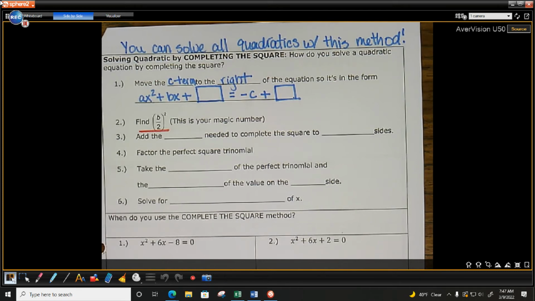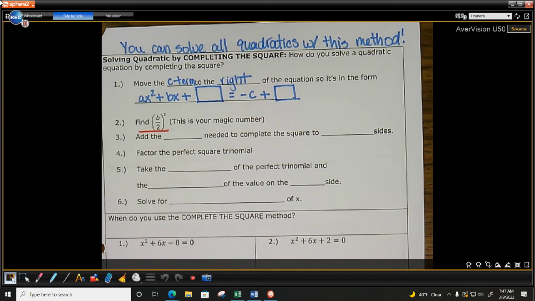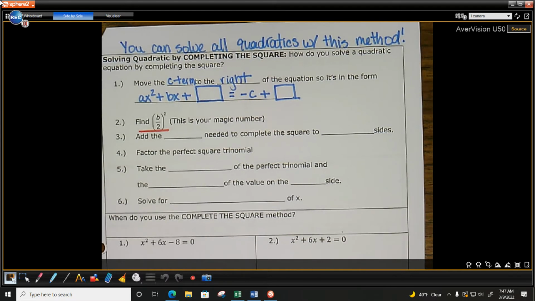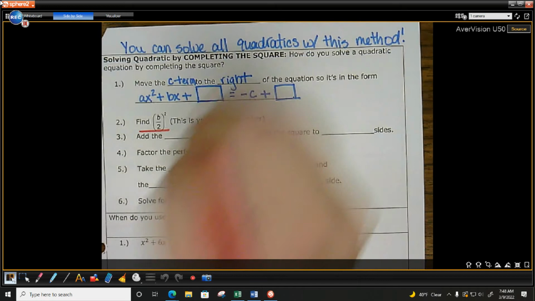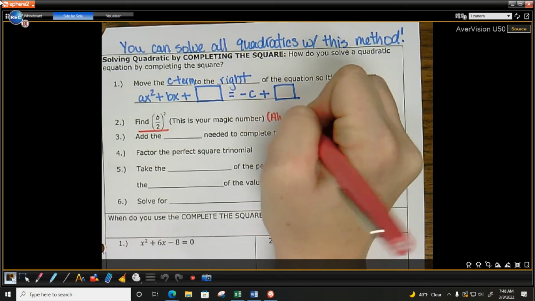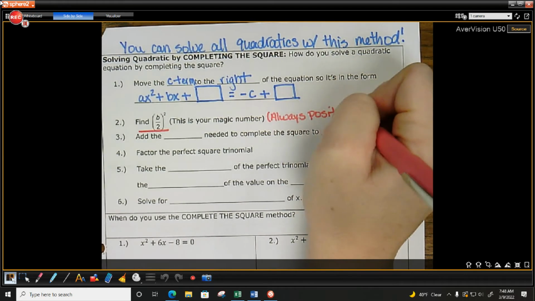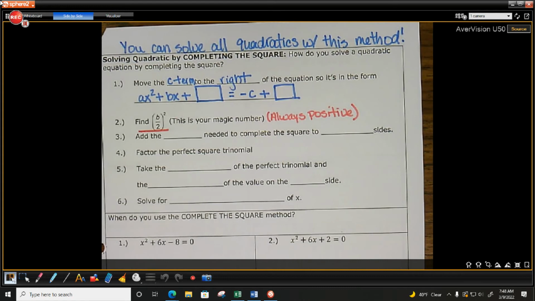Your magic number will always be what kind of number if you're squaring it? What'd you say? A fraction? Sometimes it will be. Positive. This is always positive. Your magic number is always positive. Why? Because any number we do in here squared is a positive number. Negative times negative, positive.